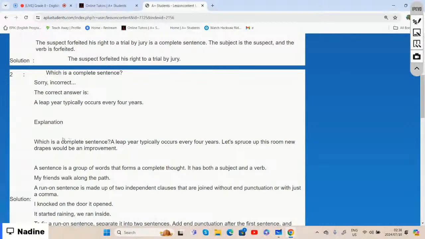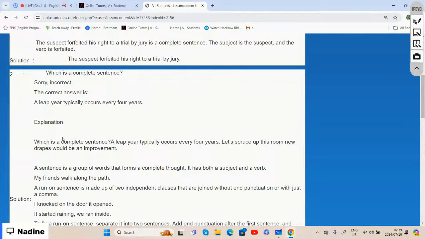So we can fix a run-on sentence by adding our end punctuation mark, and then you just separate the two sentences within that one sentence. At the end of the first sentence, we add our end punctuation mark, and with the second sentence, we start by capitalizing the first word of the sentence and also adding our end mark.